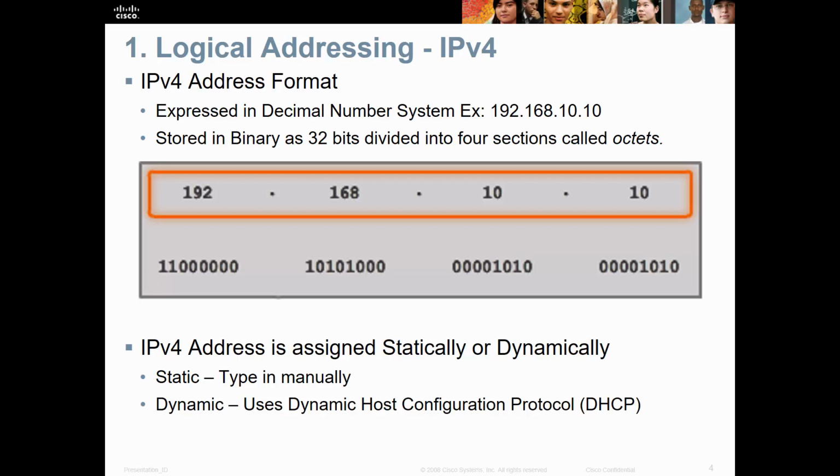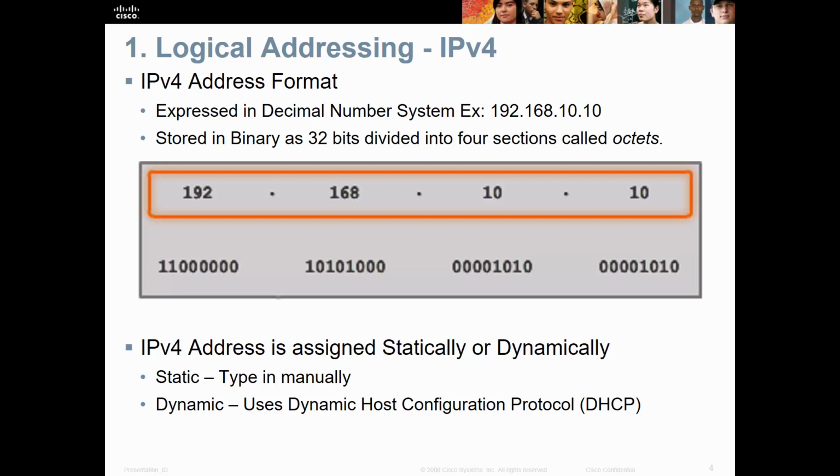So for example, when I type 192, the first number in my address, that number gets translated to the combination that you see right here of 8 ones and zeros that would give us the representation of 192 in machine language. Same thing for the other parts of our address. So each number is represented as an octet, or 8 bits in memory of the hardware.